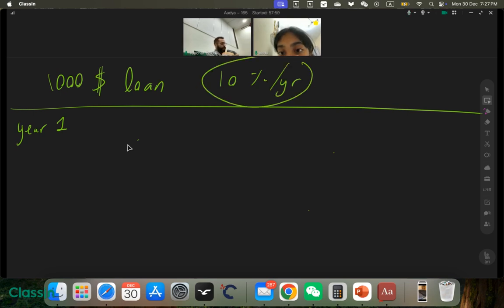So you're not going to pay a single dime until 5 years. How much do you need to pay for your first year in interest? Times 0.1. I'm just speaking about interest now. This is $100. You're going to pay $100 in interest.